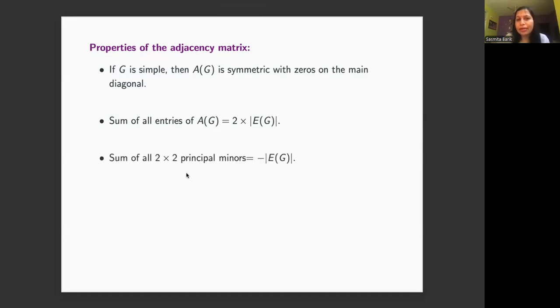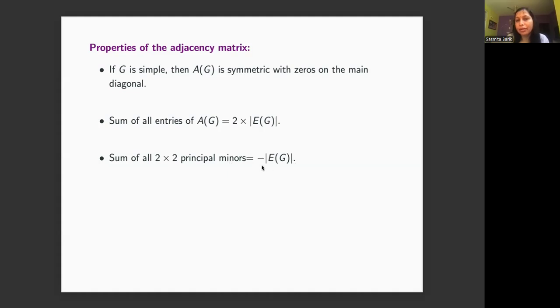Second thing: if I take all 2 cross 2 principal minors, that will give you the coefficient c2 in your characteristic polynomial, the coefficient of x to the power n minus 2. That is the number of edges with a negative sign. I think you have already computed this in the earlier class. So you are getting this also from the matrix.